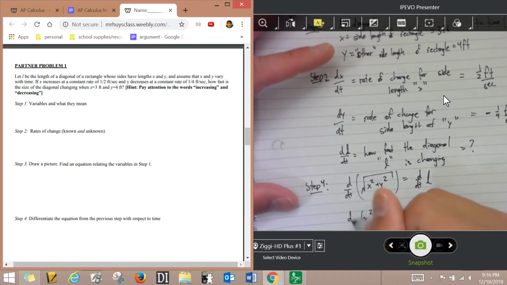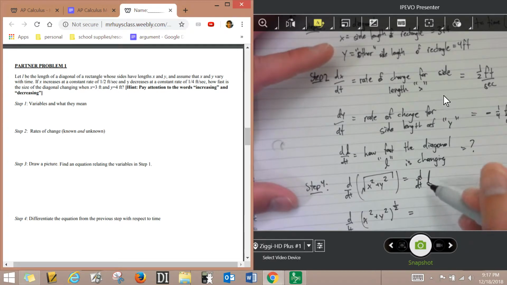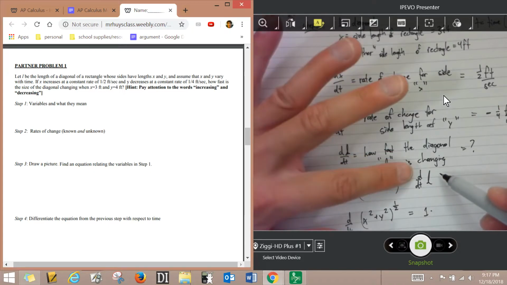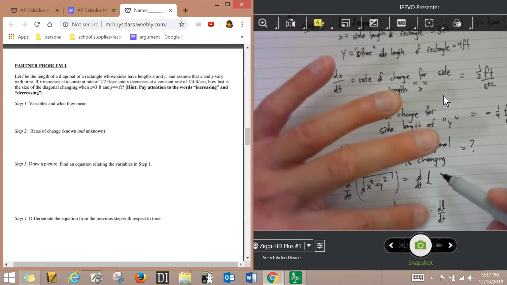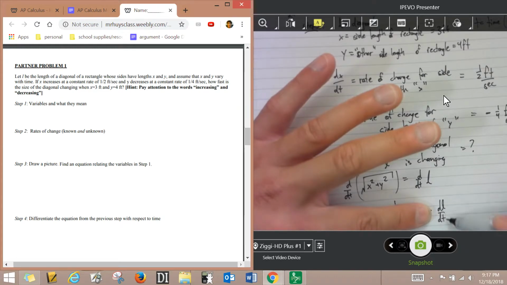We still need to take the derivative with respect to t. And the derivative with respect to t of L: the outside function, L to the first power, gives a constant 1, times the derivative of the inside function, which is dL over dt. Or you can just look at this: the derivative of L with respect to t is literally just the derivative of L with respect to t.